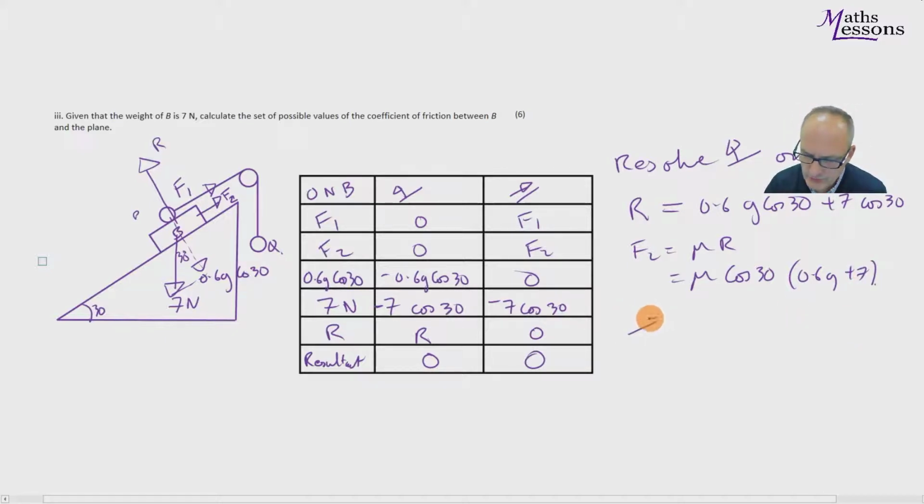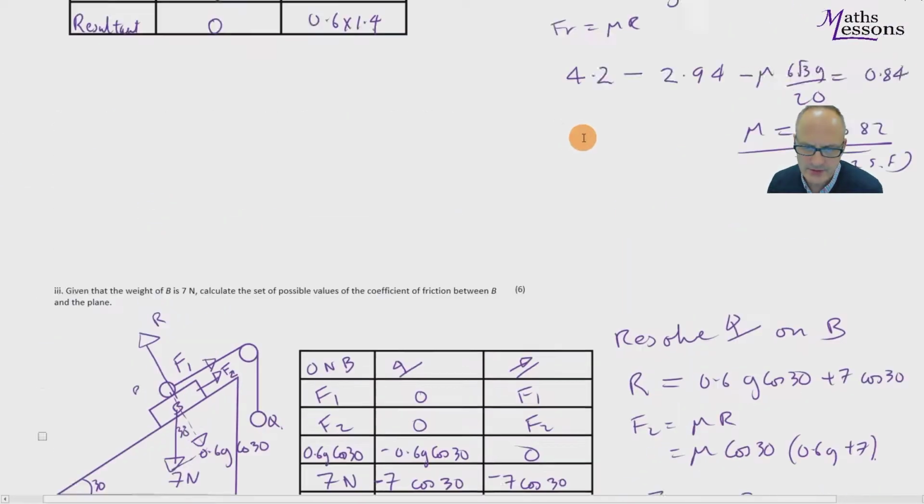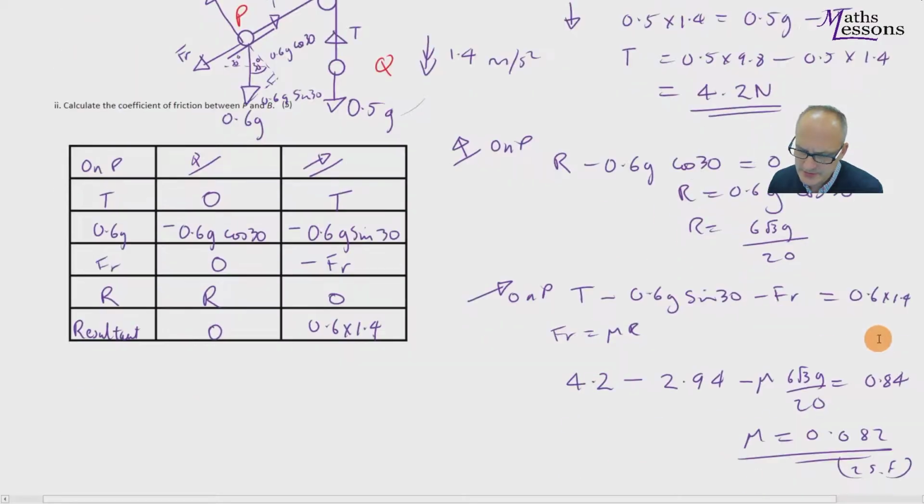Now we're going to resolve parallel on B, and we get F1 plus F2 minus 7 cos 30 equals 0. Now we know that F2 equals all of this. And we know that F1, if we go back to our previous question, we can find out what F1 is, because the friction here is just going to be equal to mu times that value there.